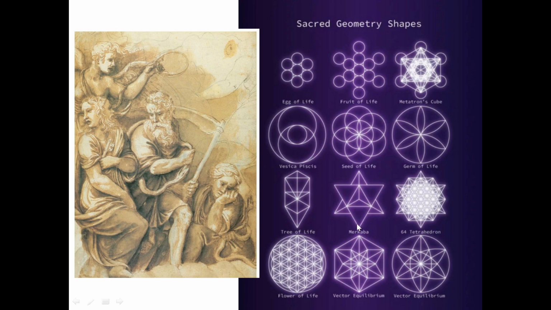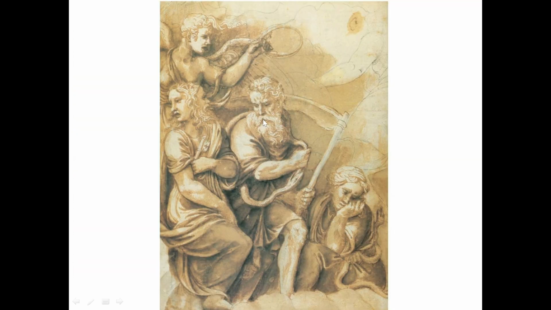The Merkaba. All sacred geometry shapes that use the Fibonacci sequence are Janus and Kronos, and they feed upon the energy and they are collapsing. They have no way of growing. They are parasitical. The parasitical side.